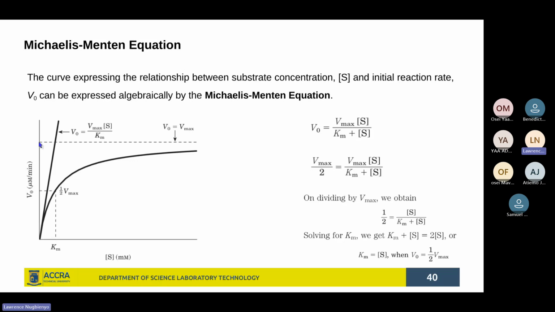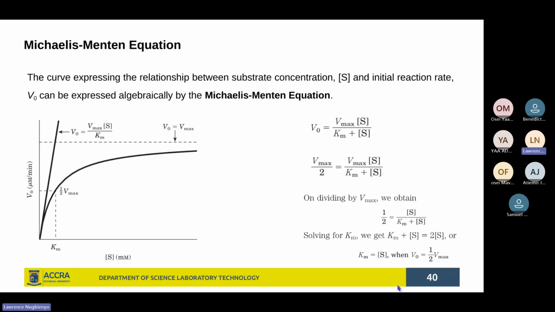If you know the maximum rate of the reaction, the concentration of substrate at which you achieve half of that is what is referred to as the Michaelis-Menten constant.